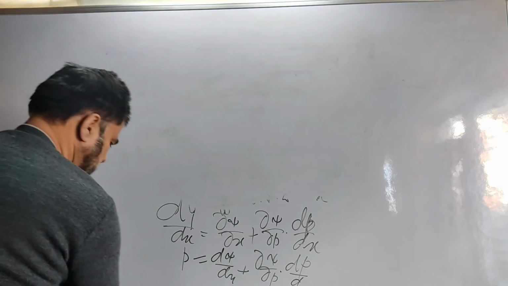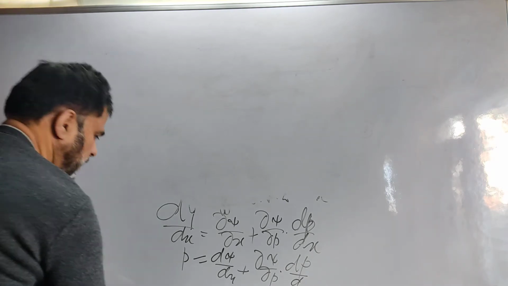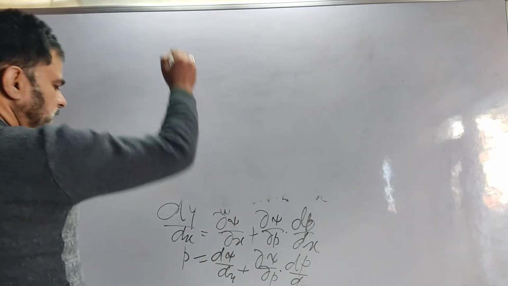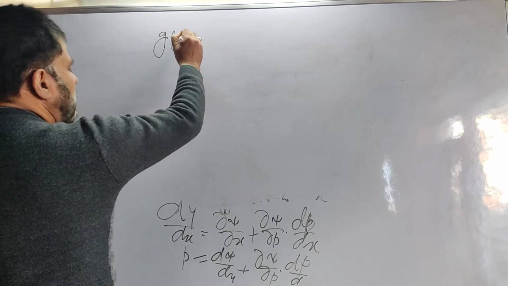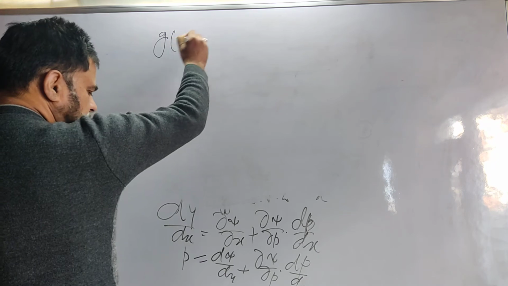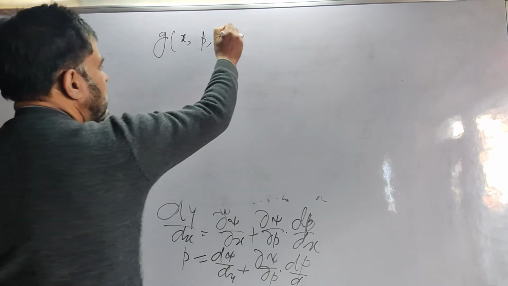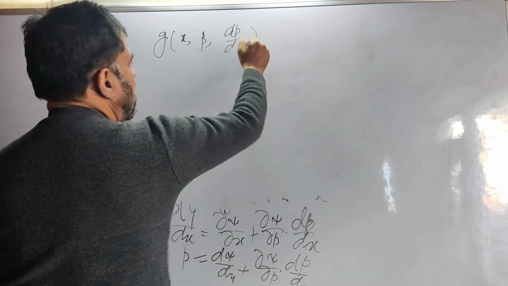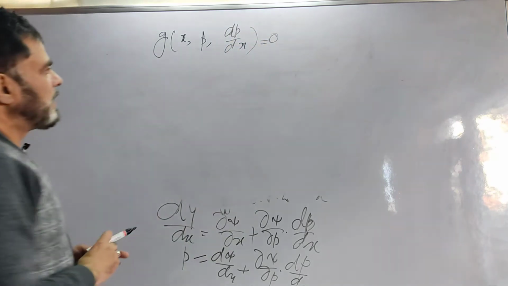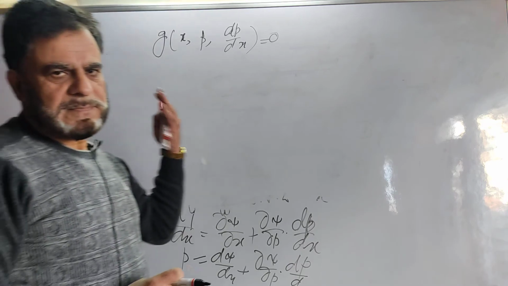Let us assume that this function is of the form g(x, p, dp by dx) = 0.